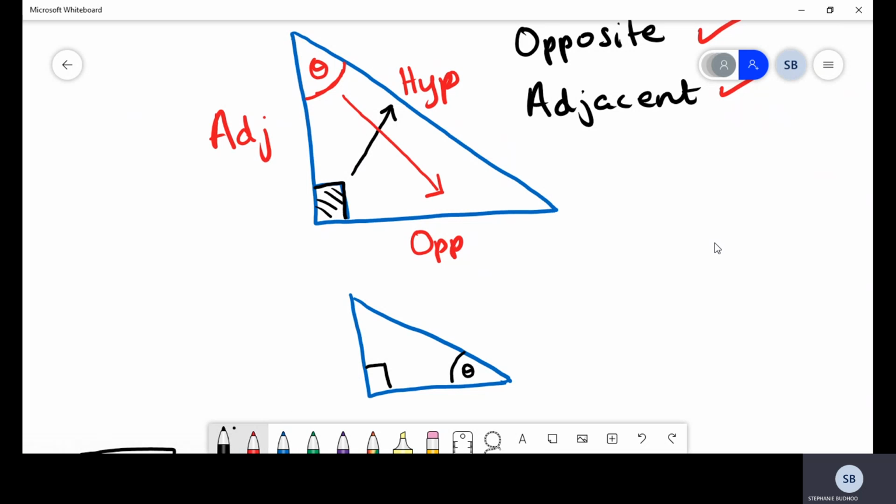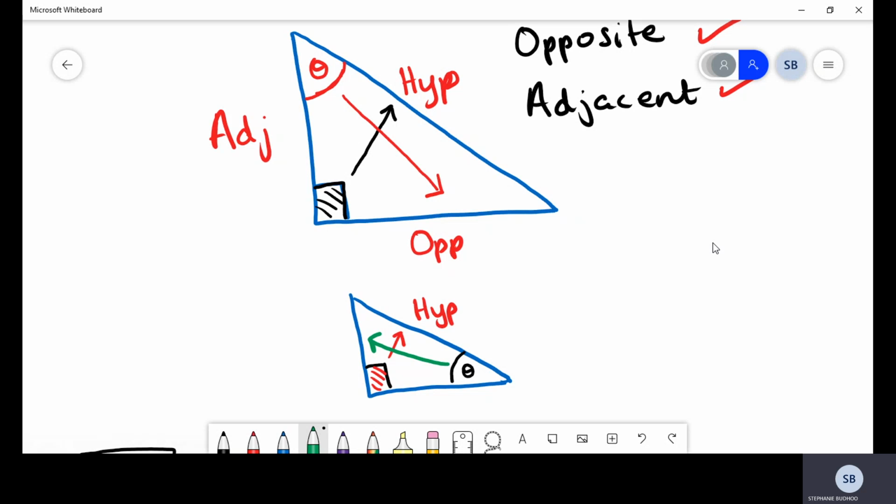Now, let's try and name our sides this time. So once again, we recognize our right angle is located here. So directly opposite, we have our hypotenuse. Similarly, we recognize that our theta value is located at the bottom. That's no problem. It's still opposite this side of the triangle here.